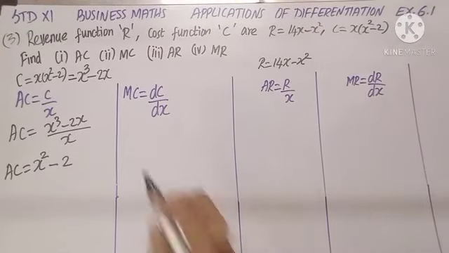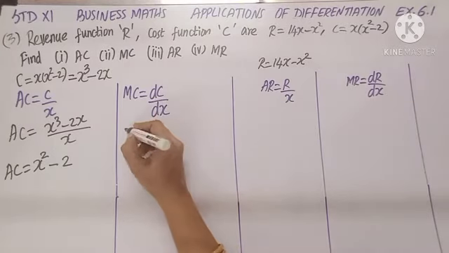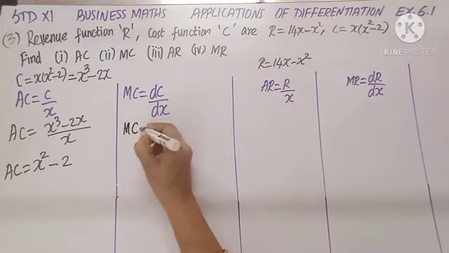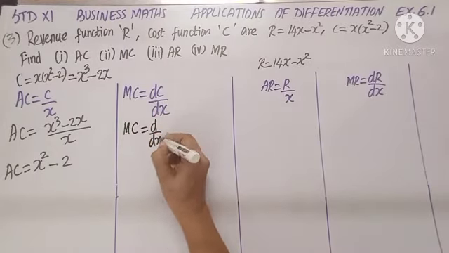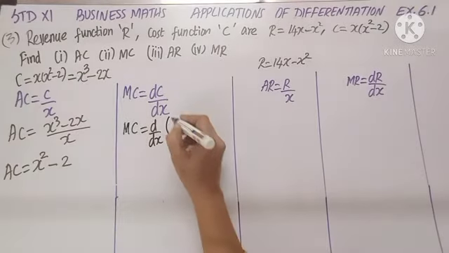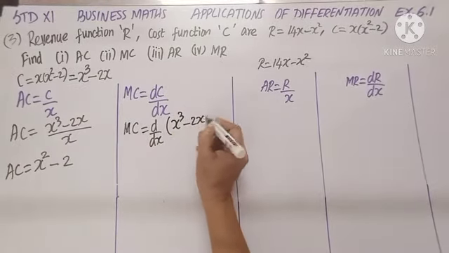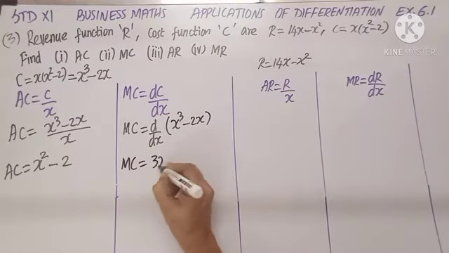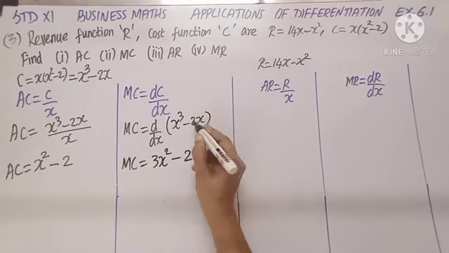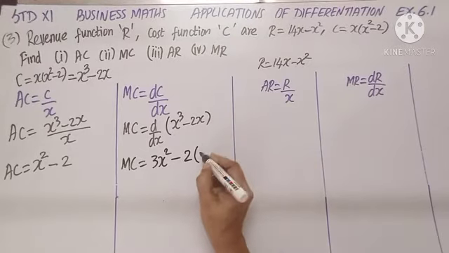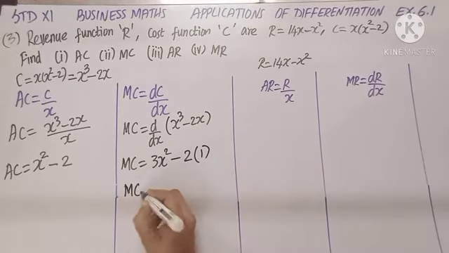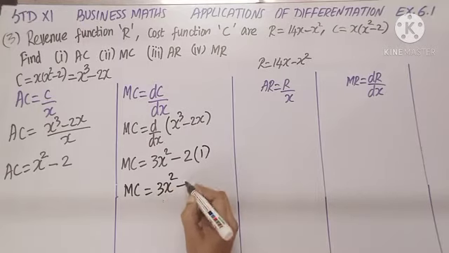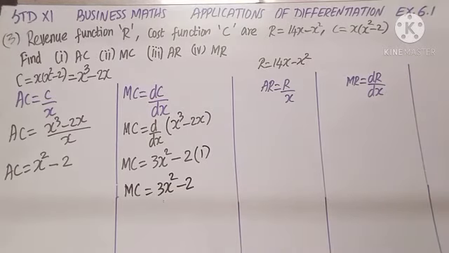Marginal cost is dc by dx or MC equals d by dx of x cube minus 2x. As I differentiate, x cube becomes 3x square, minus 2 as it is, x becomes 1, or MC equals 3x square minus 2.